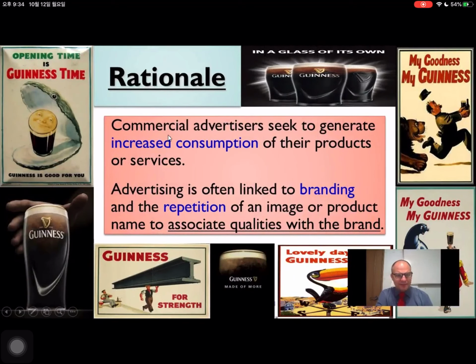Reasons behind advertising. We've got commercial advertisers seeking to generate increased consumption of their products or services. So again, going back to that definition I just showed you, they're trying to influence or persuade an audience to pick their product, to pick their service and consume it and spend their money.